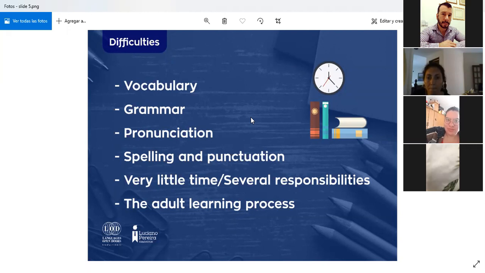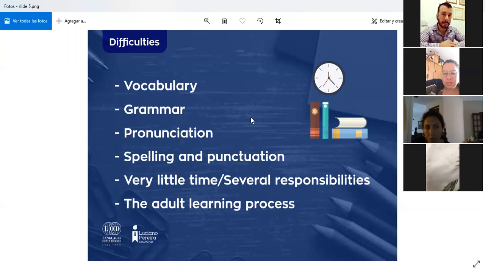This is what happens when the student is a Spanish speaker and he's learning English. These problems arise because of the difference between those two languages.